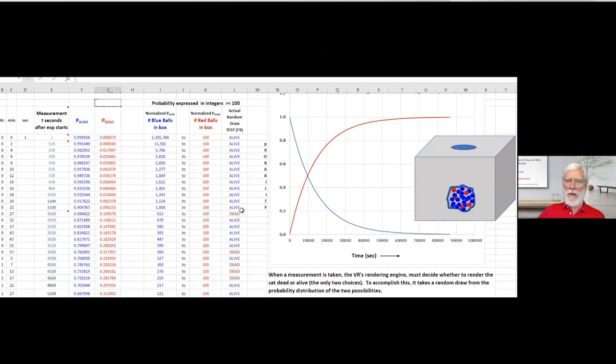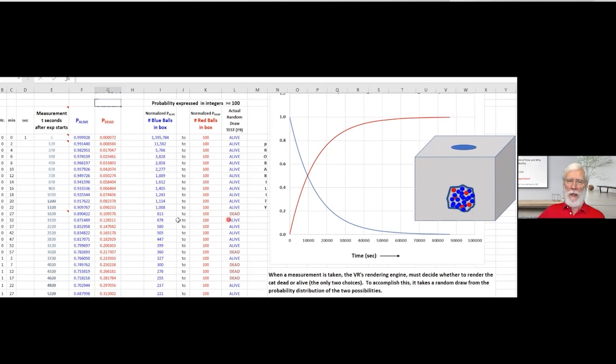But look here, the result was dead. That's because sometimes when you take that random draw, even though there's 8 times as many blue balls as red balls, sometimes it just picks a red ball because there are 100 red balls in there. And even though there's 813 blue ones, this time the random draw picked dead. Now, what's going on behind this column, this test, is I actually do a random draw between what's in that box.